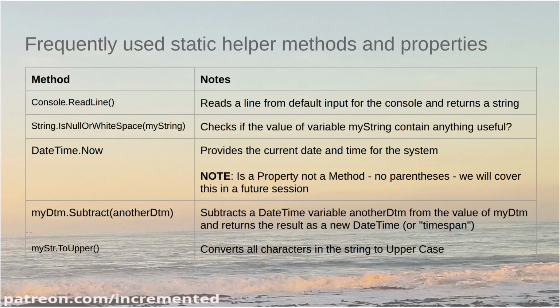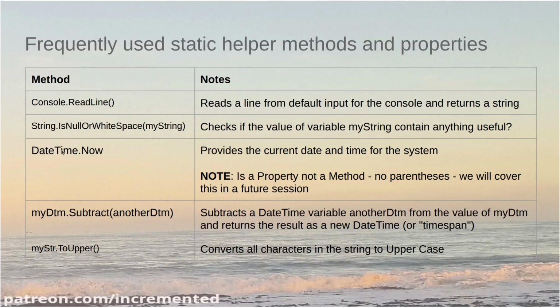One that's far more frequently used is in the string space, and we'll look at what that means later, but notice it's capital String, not lowercase string, dot IsNullOrWhiteSpace, and we can provide it in the parentheses with an argument that gives the name of a string variable in our C# code, and that will tell us whether or not that string has any useful content in it.